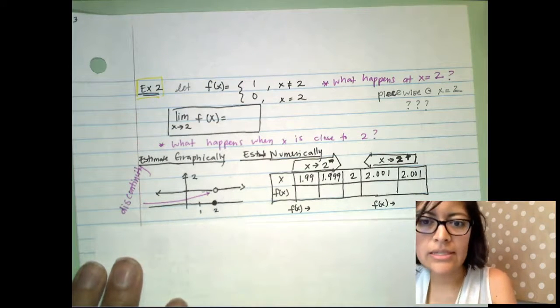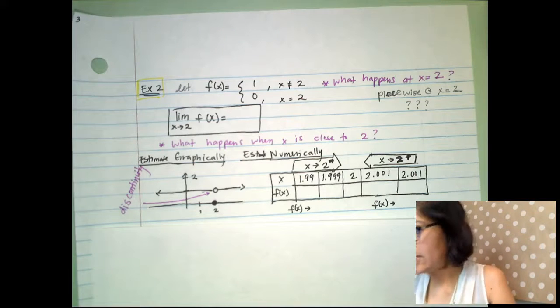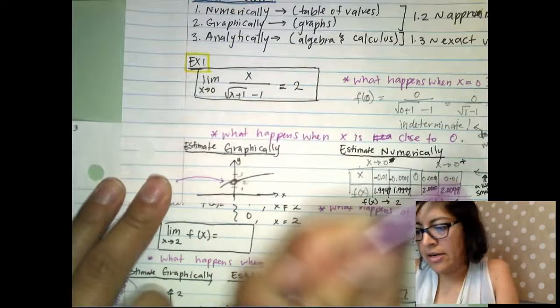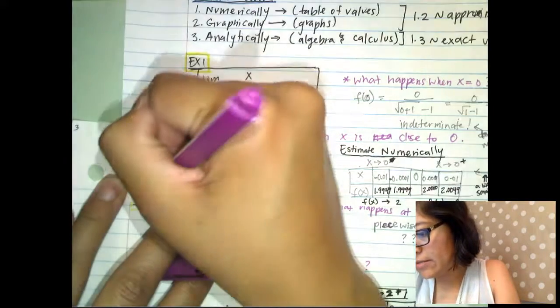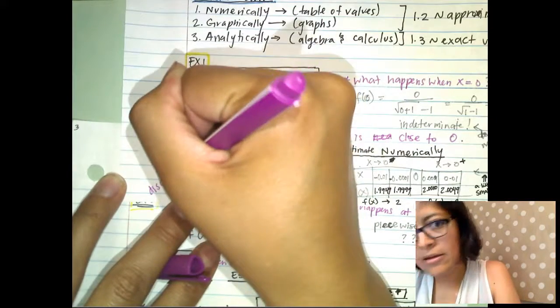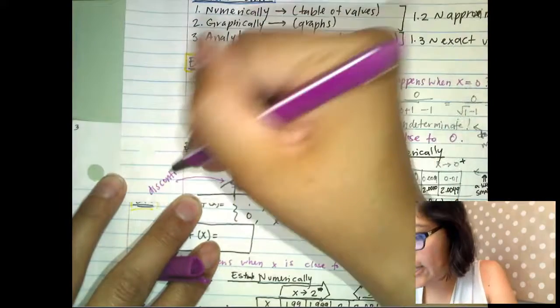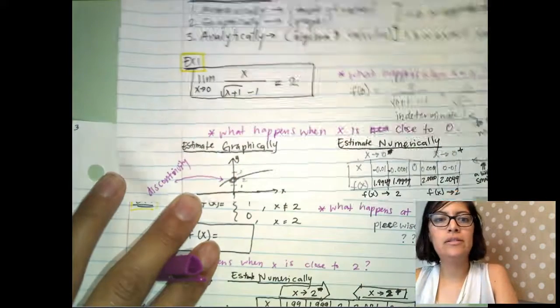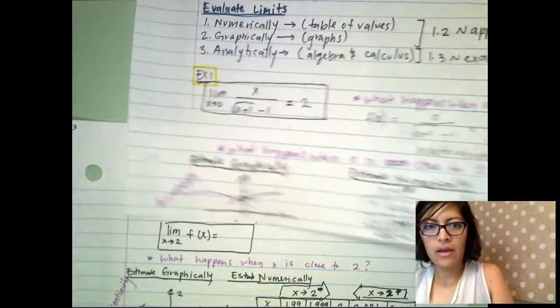That's what we call discontinuous. There was also discontinuity in the first example. I'm sorry, I didn't say that. So there's discontinuity there, and there's also discontinuity here.